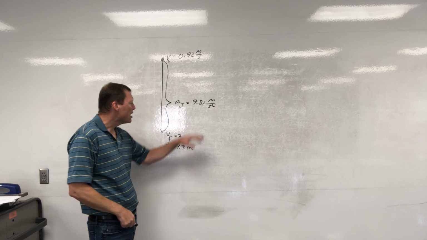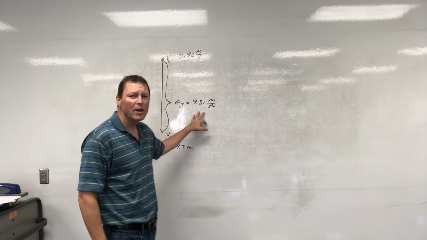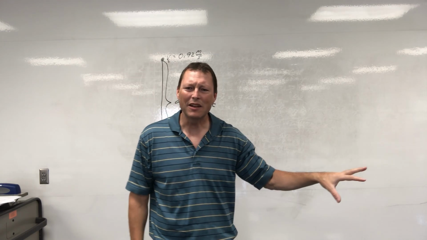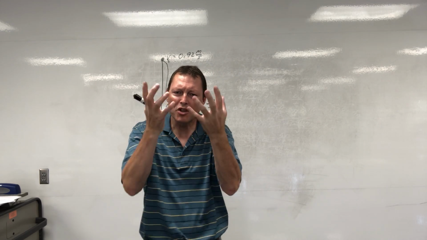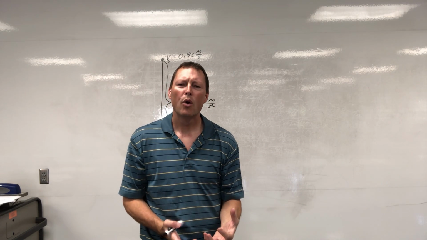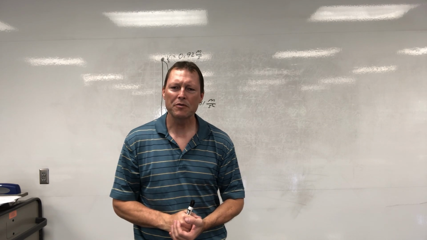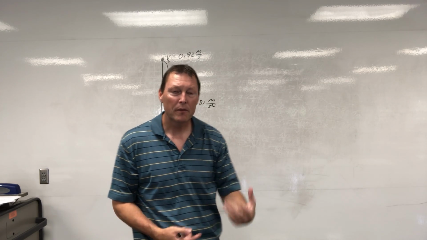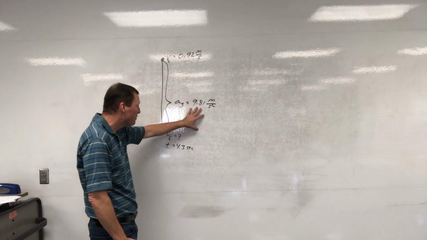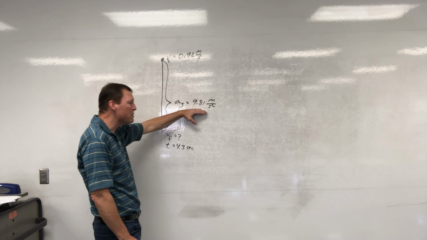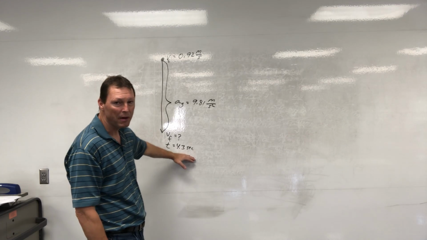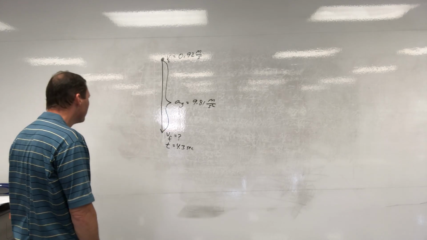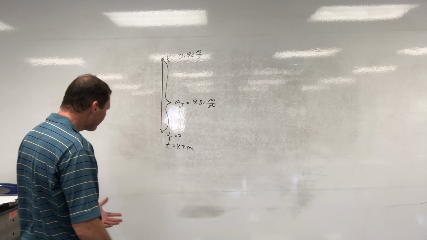And then the question becomes, should I make that a positive 9.81 or a negative? What's the direction of gravity? Well, gravity is trying to accelerate things downward. Which direction did I make my positive direction? Downward. So in this case, the way I set this up, this is going to be a positive number. And again, time is always positive.